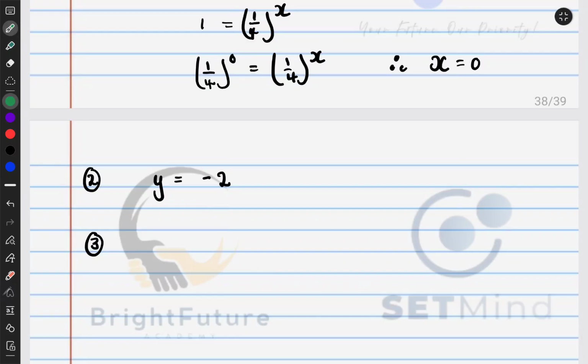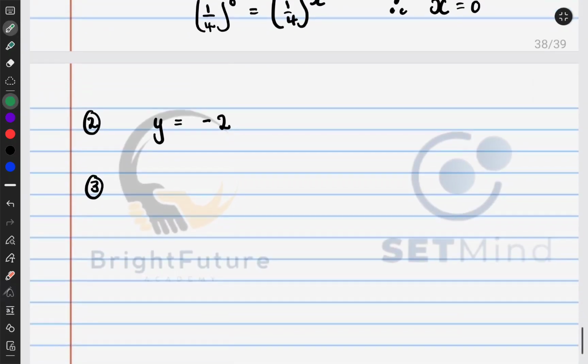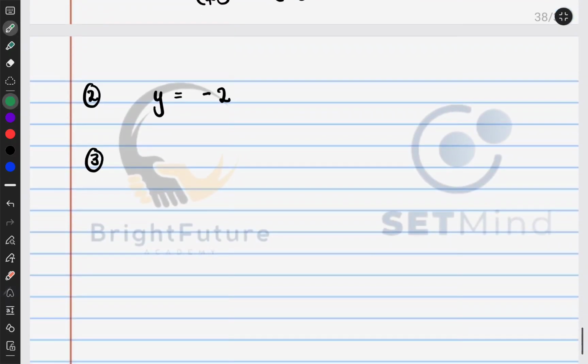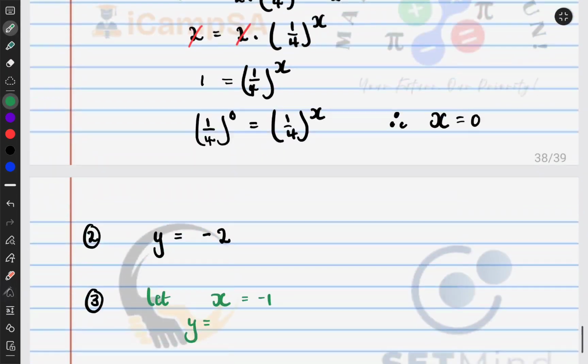So let's find some values. Let's go for x is -1. Let's find the corresponding y value. Let x equal to -1. What is our formula?